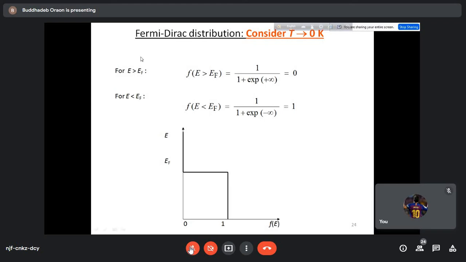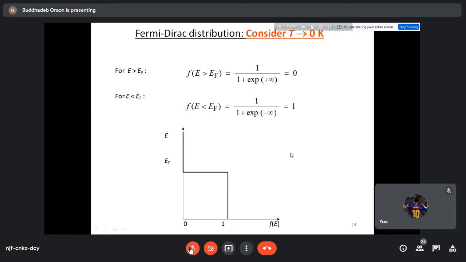If the energy level is greater than EF, the Fermi energy level, then this expression becomes 0. And if E is less than EF, then this expression becomes 1. So clearly it becomes a step function.